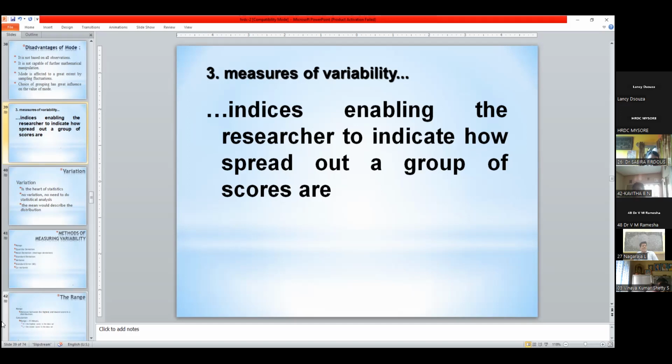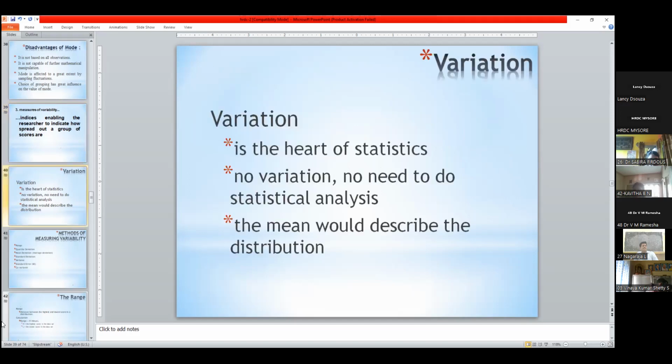So that is why, when you talk about variability, you have to be very careful while collecting the data. Usually we say variation in the data is the heart of statistics, because that gives a complete profile of the nature of your data. If there is no variation, there is no need for statistical analysis, because if the variation is zero, then you don't have to do any further statistics.